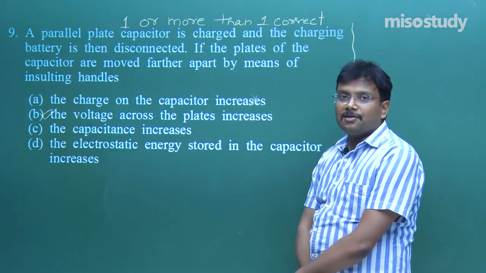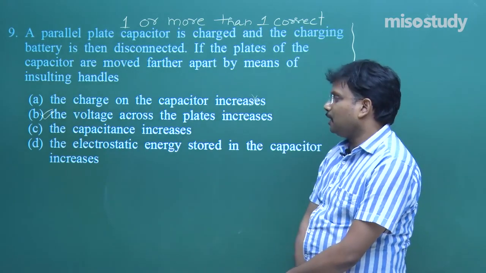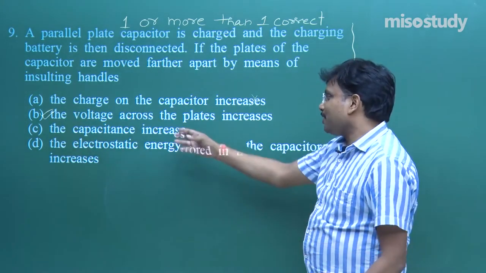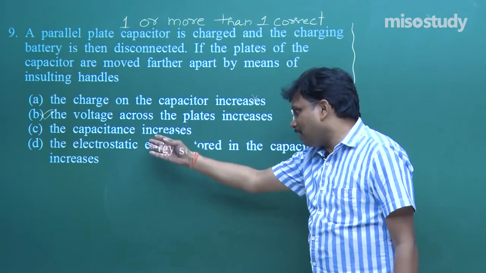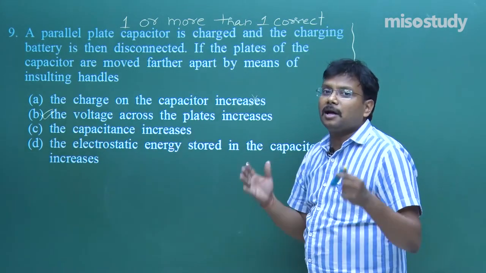The electrostatic energy stored in the capacitor increases. Now you can say easily that the voltage option is correct, but I want to check this also. Only then will I reach a solid conclusion.